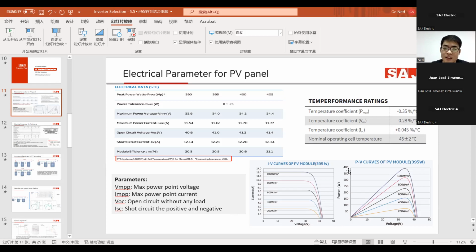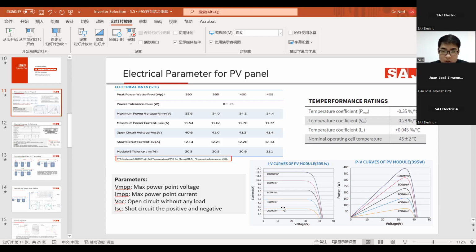As you can see, under the same radiation conditions, there is a specific point where we can achieve the maximum power point. PV panels cannot always operate at their maximum power point, and this is how the inverter MPPT technology helps to work it out.